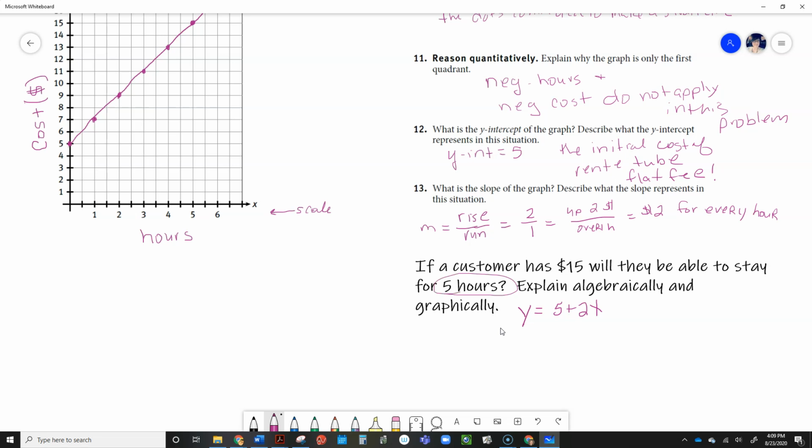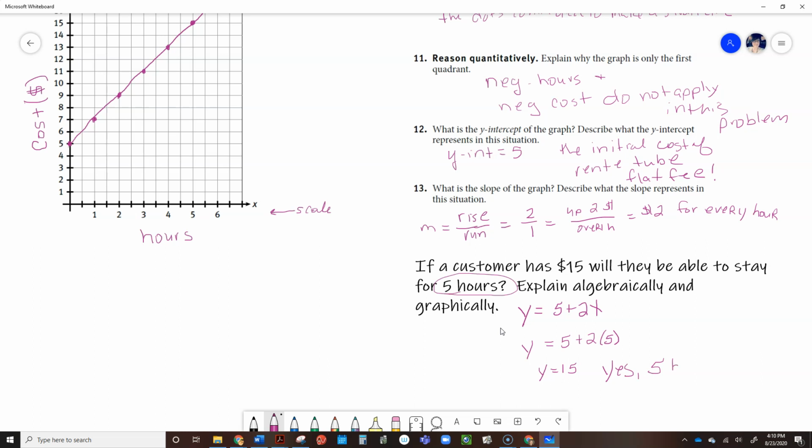So we could take that number and plug it in and say y is equal to 5 plus 2 times 5, and 2 times 5 is 10, 10 plus 5 is 15, so we get a total cost of $15. So if a customer has $15, will they be able to stay 5 hours? And the answer would be yes. So that would be an algebraic explanation.